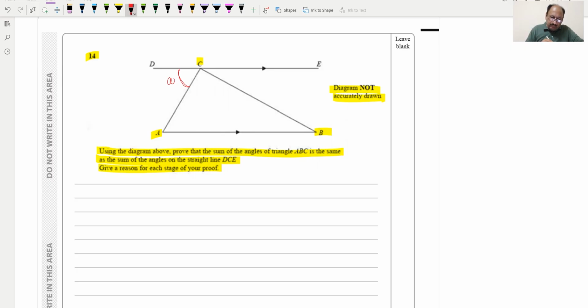Okay, so we can mention this, we can write here angle DCA.